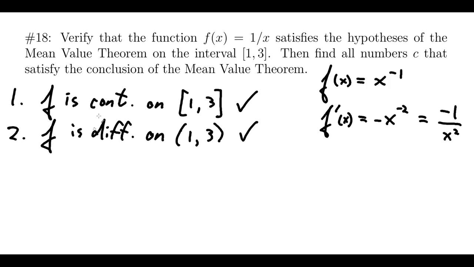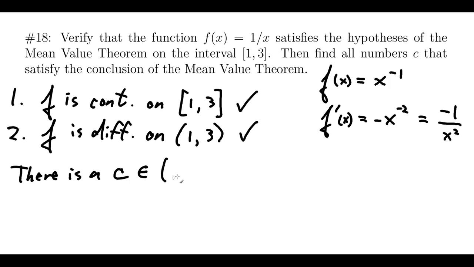Given these two conditions being satisfied, the hypotheses of the theorem, we have the conclusion of the theorem, the statement that there is some number c. There's nothing special about c. It's just some constant. We can call that whatever we want, but c is traditional.